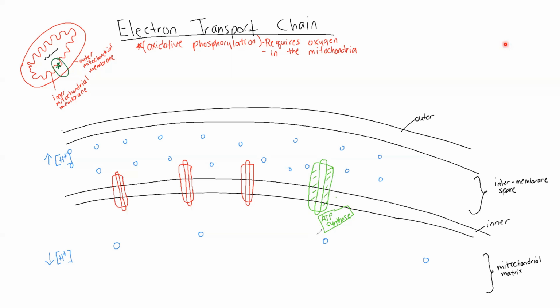All right. Now, what ends up happening is that we're bringing in these electrons. So all of the electrons that we described as coming from glycolysis, from the Krebs cycle, from that linking step, they're going to come into the mitochondrial matrix. All right. And they're going to start moving across the membrane.